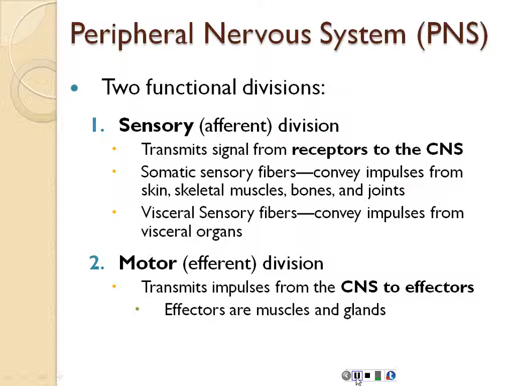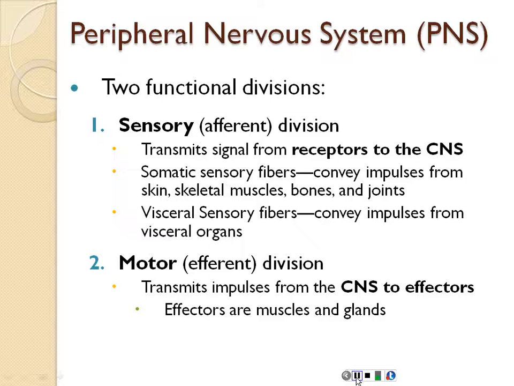Not the ganglia. You really won't hear anything about ganglia too much, other than what it is, a bundle of what? Ganglia? Bundle of cell bodies, right. So that's about all you'll need to know about ganglia. That's where the cell bodies are located. But nerves, what do you know about nerves?